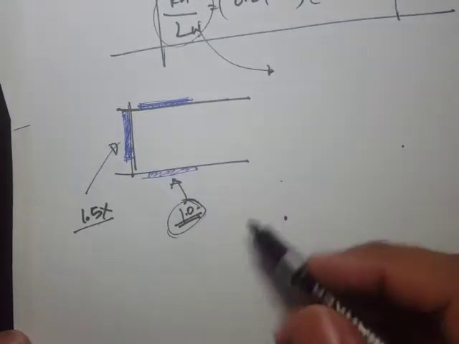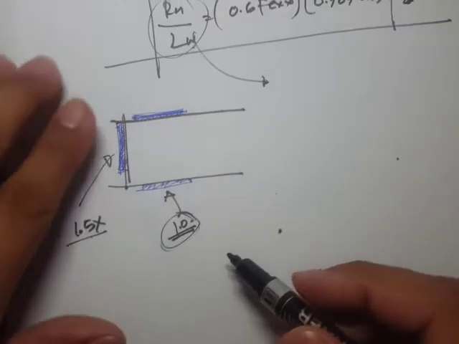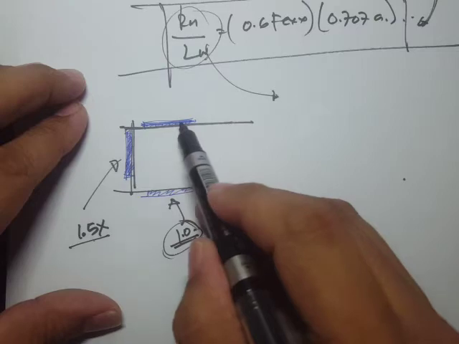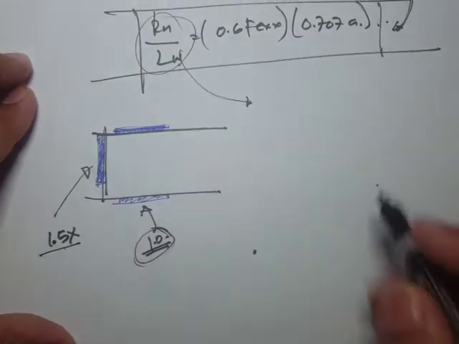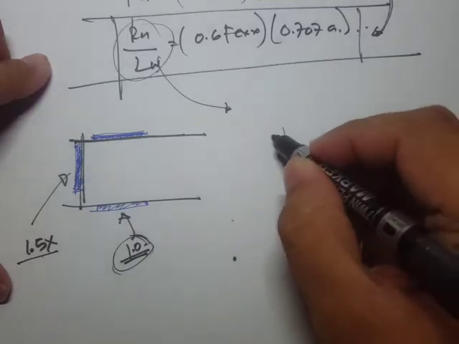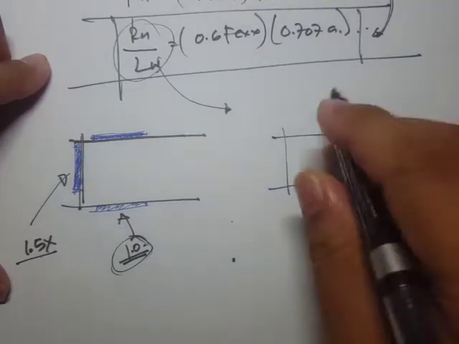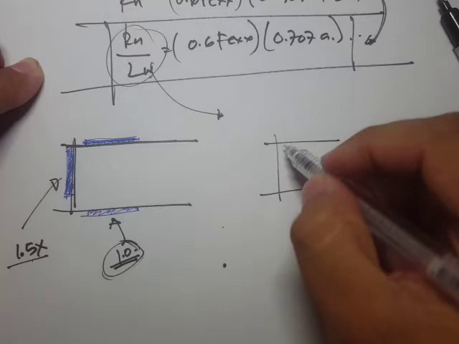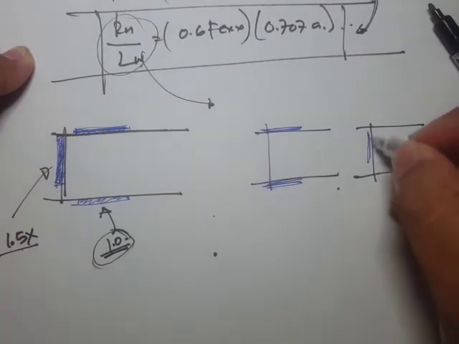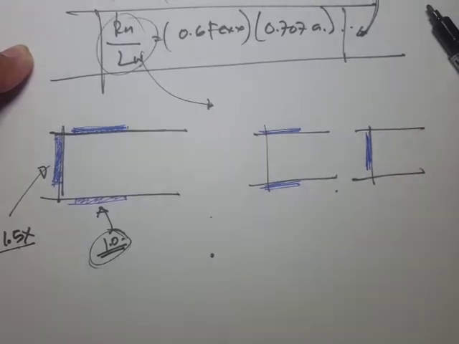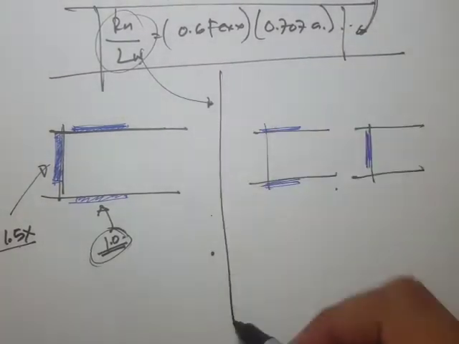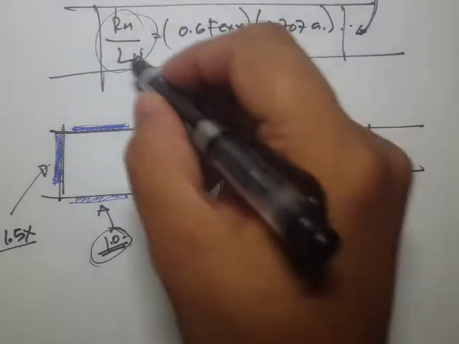Okay, so what if there's a combination of this longitudinal weld and the transverse weld? This equation would only be true if you have either a longitudinal weld or a purely transverse weld.